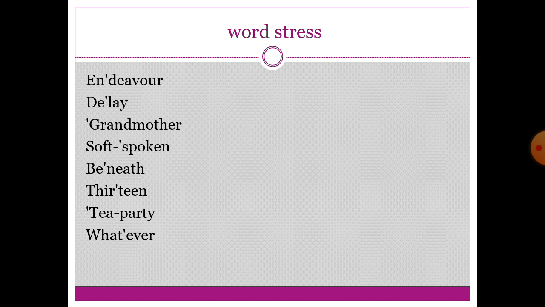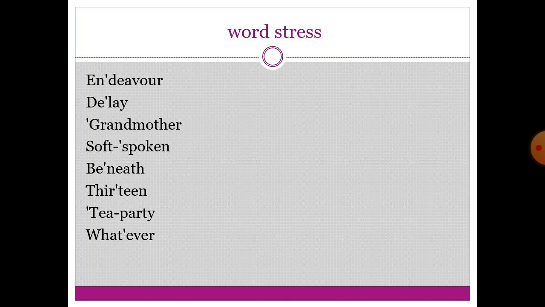Look at that. Endeavor. En is a weak prefix. That's why the stress is after en. Endeavor. So rule 1 applies here. In the same way, delay.